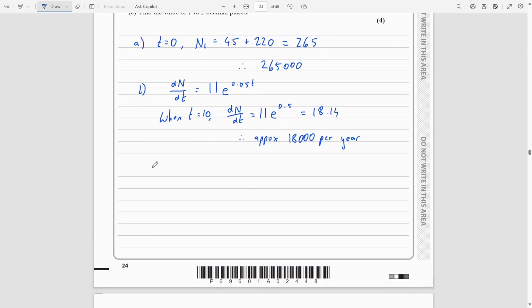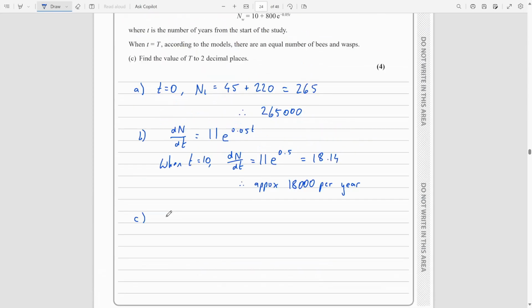So that's going to be the B equation. So that's 45 plus 220 e to the 0.05t, and that should be equal to our wasp equation, which is 10 plus 800 e to the minus 0.05t.